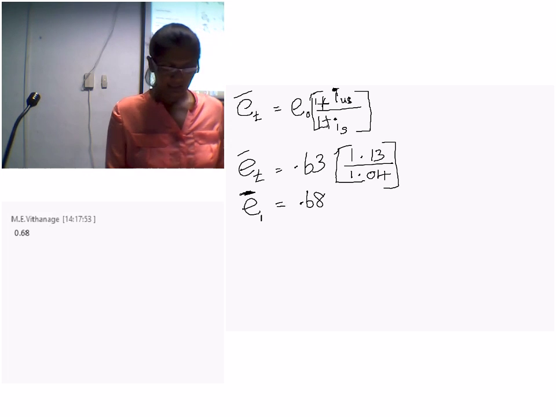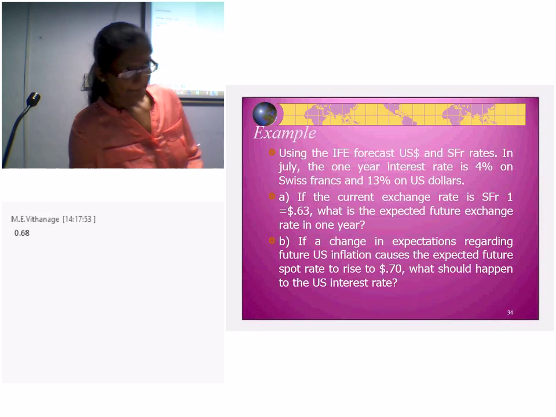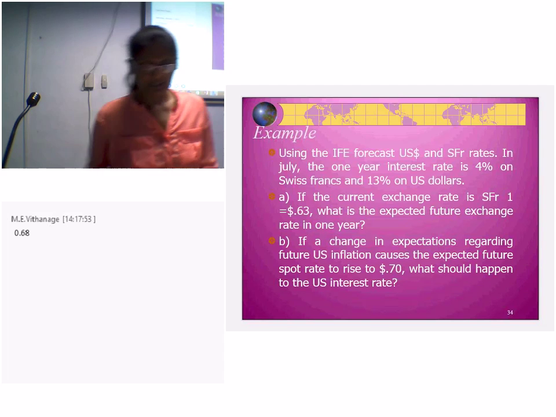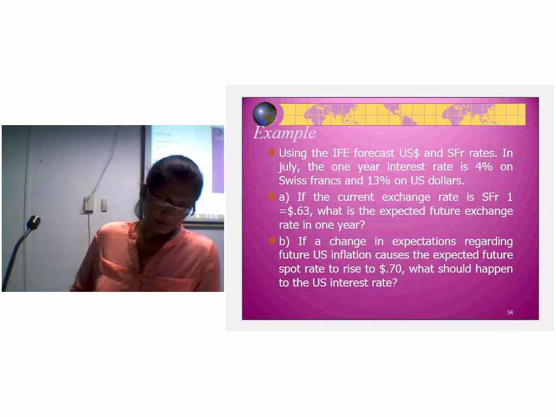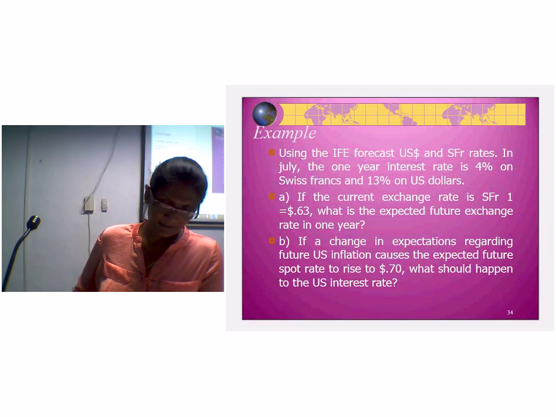Let's move to the next part. In the next part of the same question, it's asked if a change in expectations regarding future US inflation causes the expected future spot rate to rise to 0.70, E bar T is given, and we know now the current exchange rate, right?